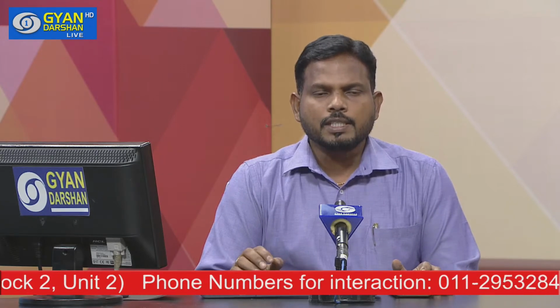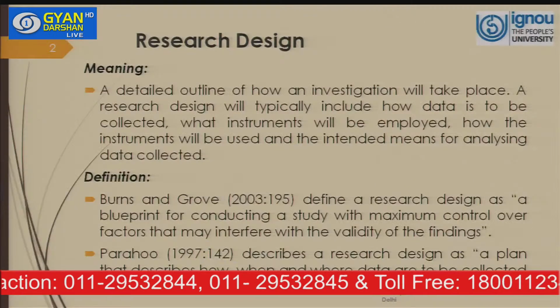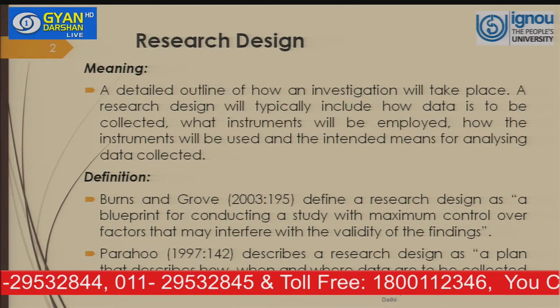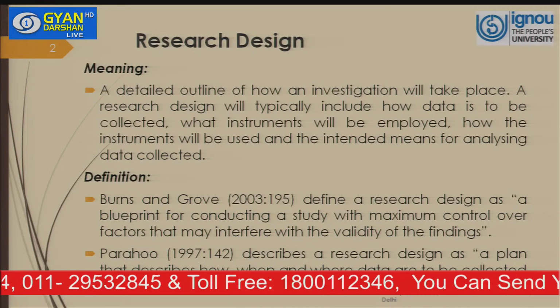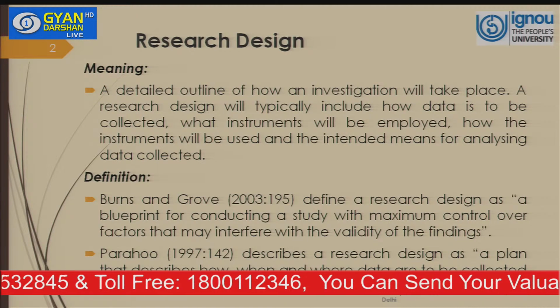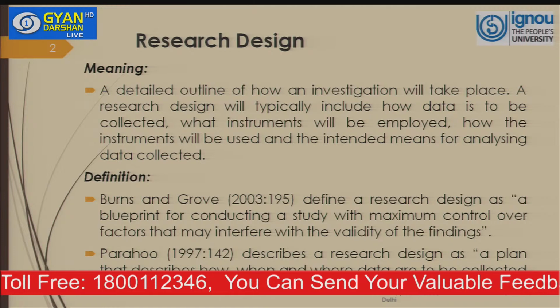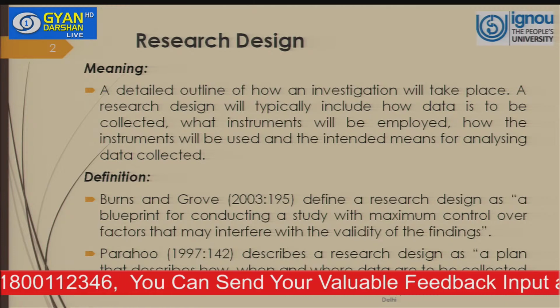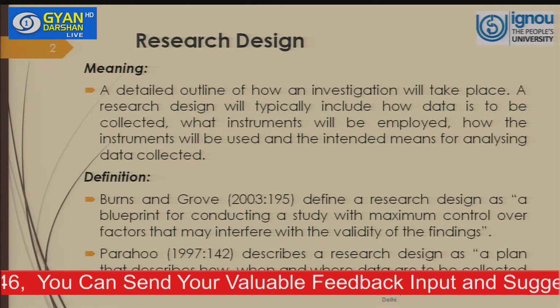And coming to the definition, we will see two important definitions which will give you a brief idea related to the research design. The first definition, which is provided by Burns and Grove, defines research design as a blueprint for conducting a study with maximum control over factors that may interfere with the validity of the findings.